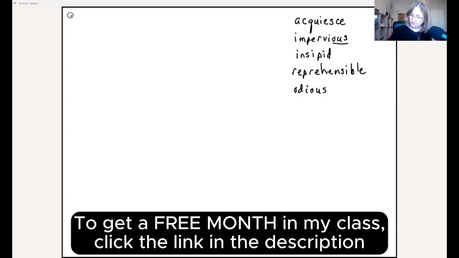Let's try this one. So what's happening here? Here we have an ER. When you see an ER, this is an R-controlled vowel. So E will make its long sound sometimes, its short sound sometimes, its silent sound sometimes, and its R-controlled sound sometimes.